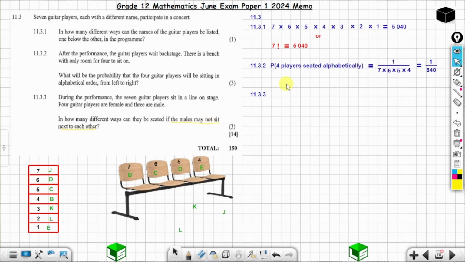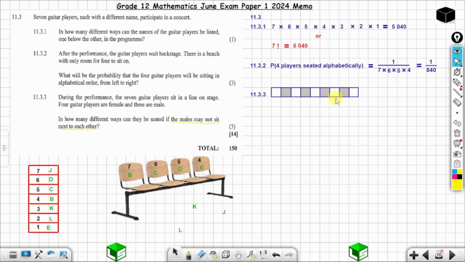So I'm going to use this so that we can separate the males. I'm going to put the females in this box so that the males can be separated. Can you see? On the left and right of each female, you have a place to put any male.